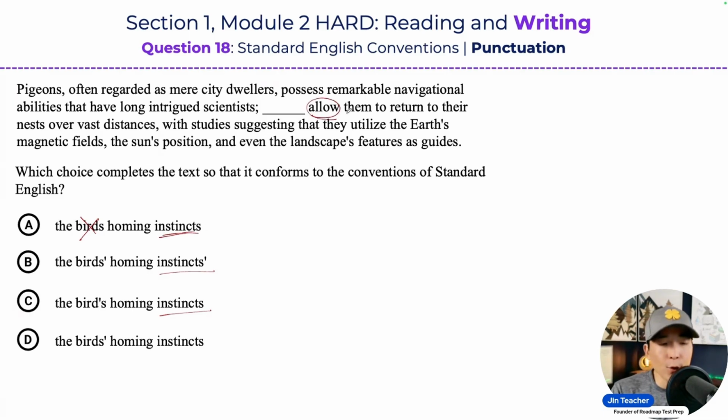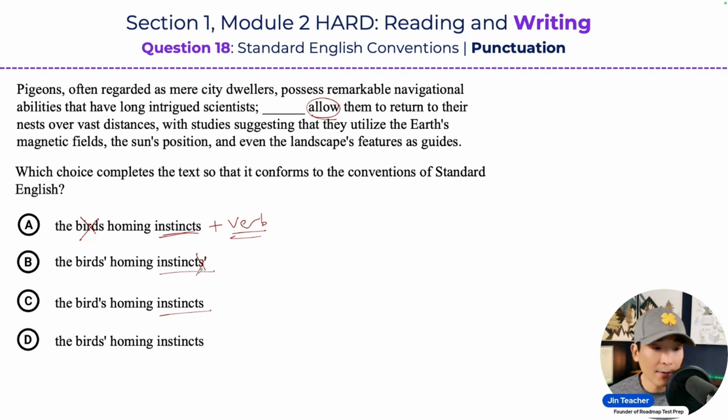Do we have two nouns next to each other? No, we have a verb. The instincts allow them. So when we have this verb, not a noun, that comes after the noun instincts, then here we don't use the possessive form. We cannot use the apostrophe.